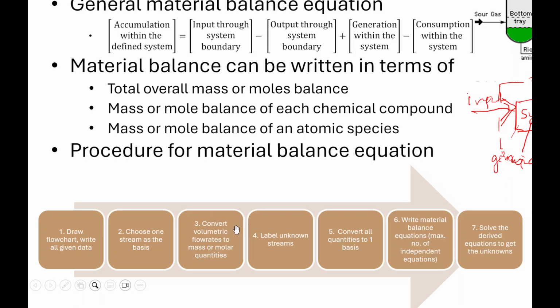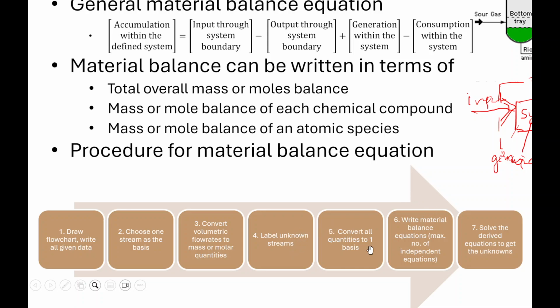Then convert the volumetric flow rates to mass or molar quantities because you have to do the material balance. Volumetric flow rates need to be converted to something which has mass or molar quantities. Then label all the streams and give the labels for the unknown quantities as well.